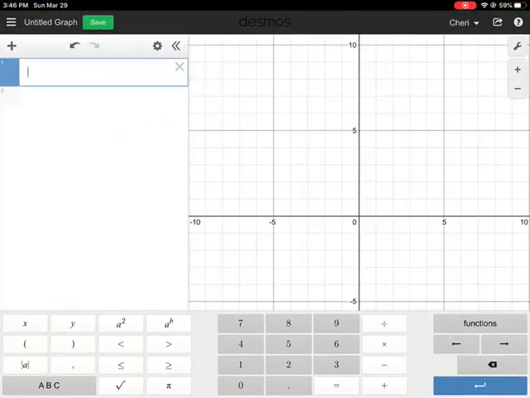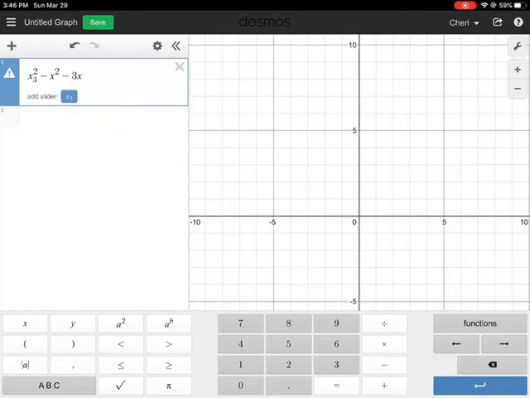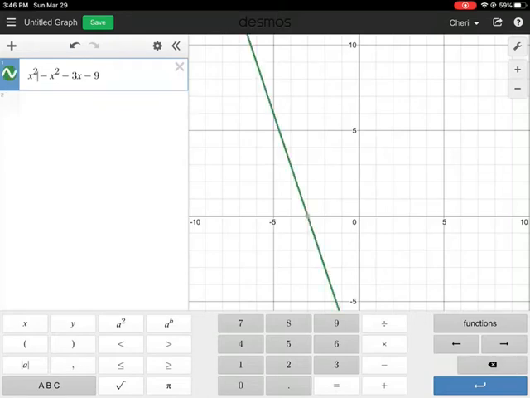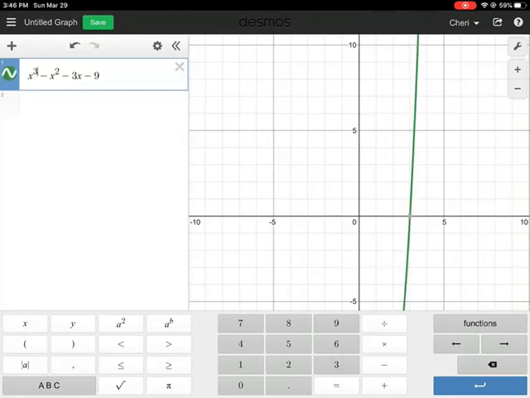Okay, so I'm going to put that into Desmos: x cubed minus x squared minus 3x minus 9. Oh, no, wait a minute, that's wrong. That's cubed. There we go.